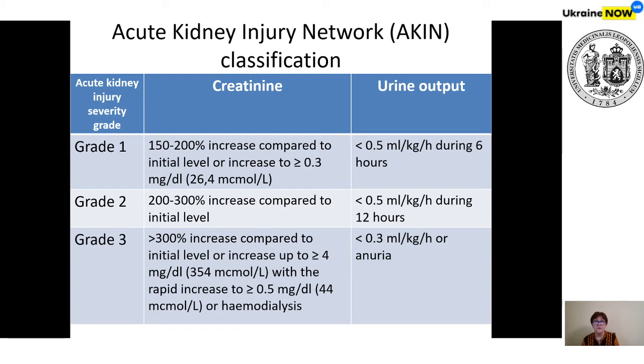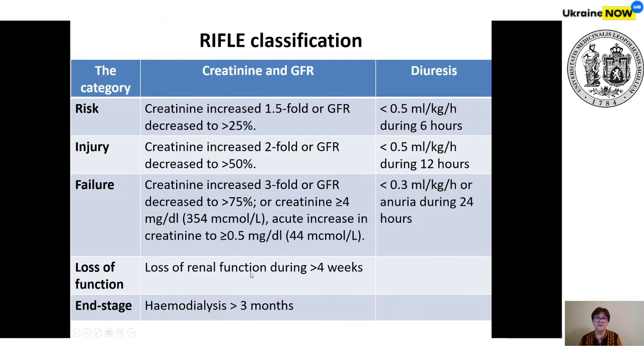Grade 2 is when creatinine is increased 2–3 times, and such diuresis lasts 12 hours. And grade 3 is when creatinine is increased more than 3 times, and urine output is 0.3 ml per kg per hour, or complete anuria. There is another classification called RIFLE.